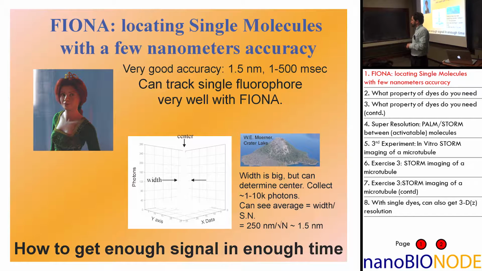Why is that? What limits how fast you can get photons out of your fluorophores? You have a single molecule that's there, and you want to image it. How well you can image it depends on the number of photons that you get out within 1 second, let's say, or a tenth of a second, or 10 seconds.